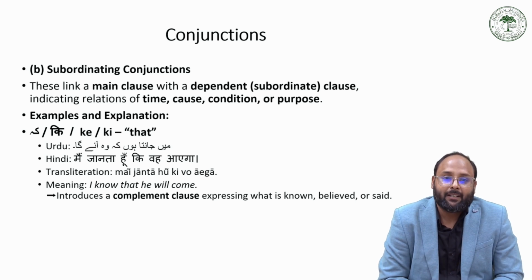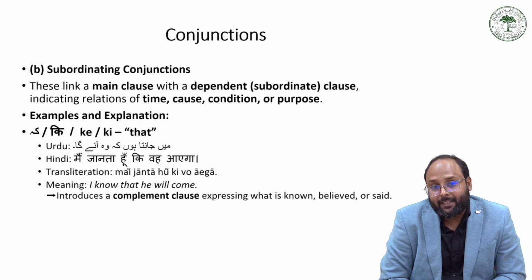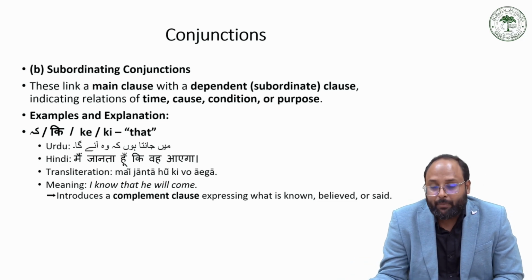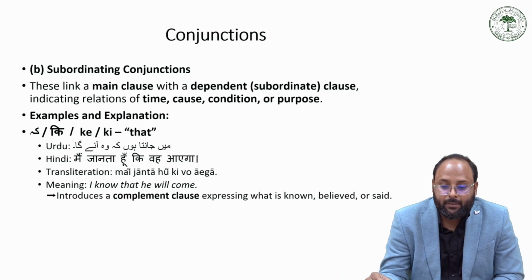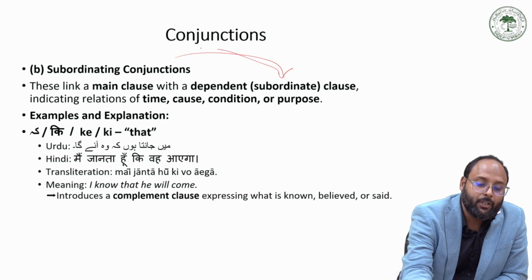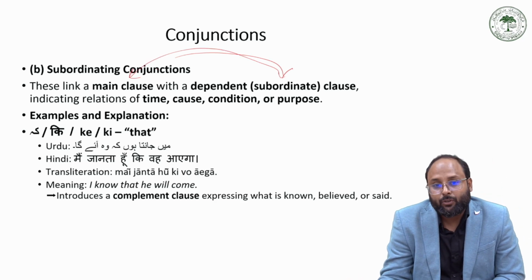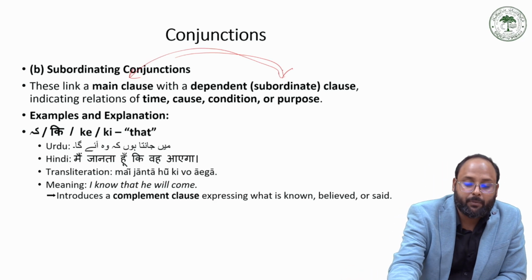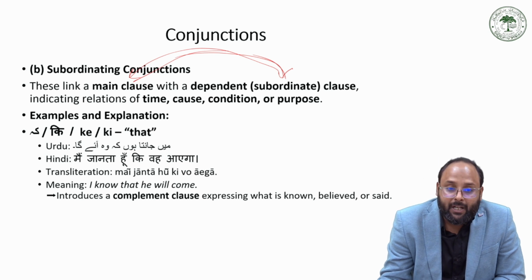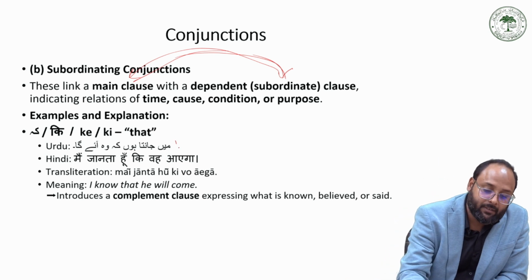The other type of conjunction is the subordinating conjunction. These conjunctions link a main clause with a dependent or subordinate clause. The meaning of the subordinate clause depends on the main clause, and it indicates a relation of time, cause, condition, or purpose. मैं जानता हूं कि वो आएगा.